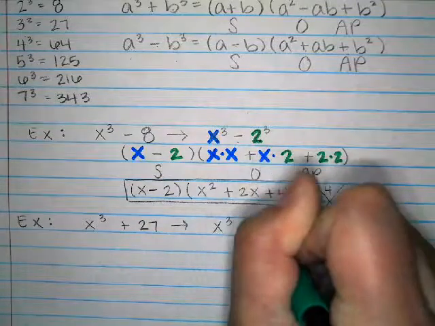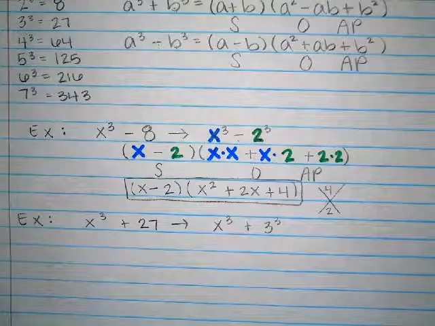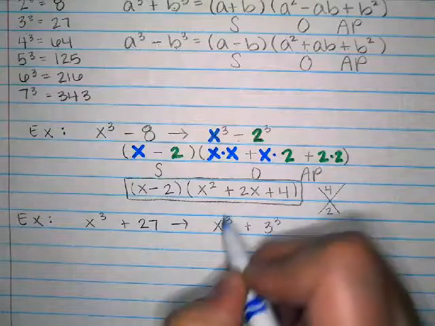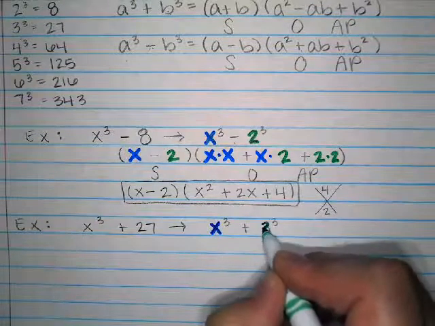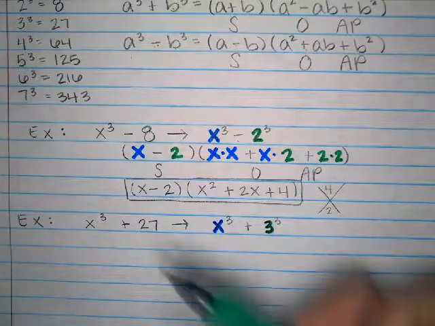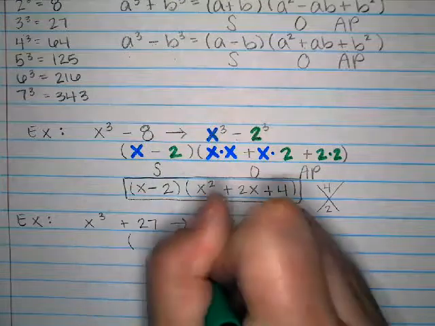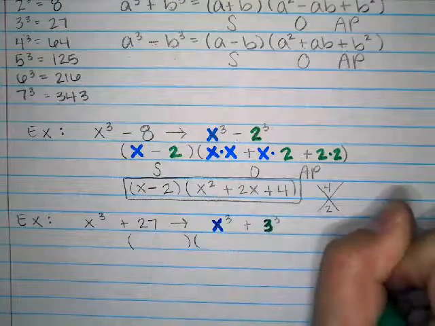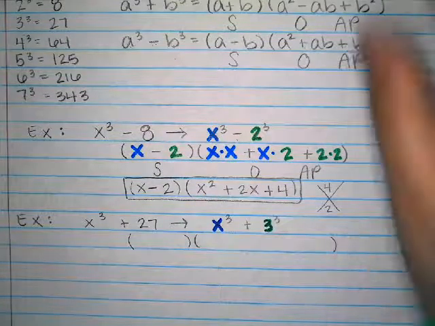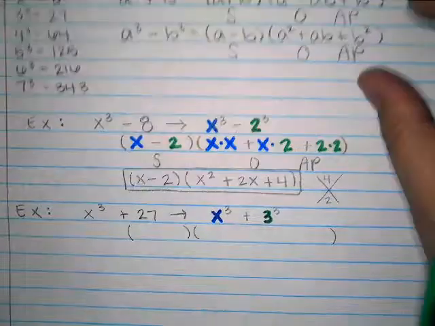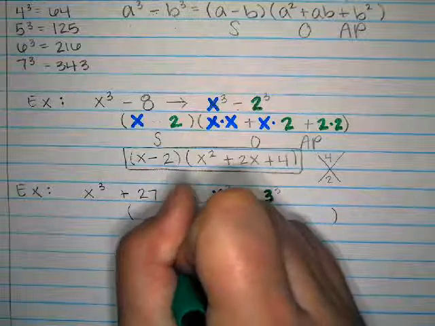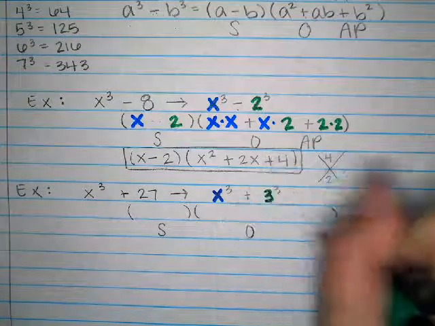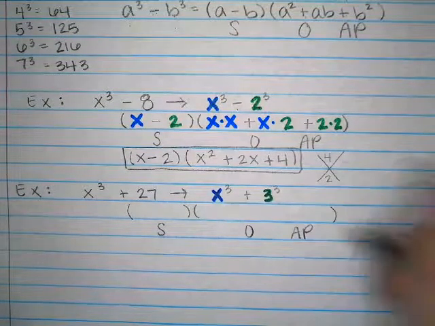Okay, I'm going to write my colors in. I have little parentheses and big parentheses. And I'm going to write down SOAP. Okay. So same sign.